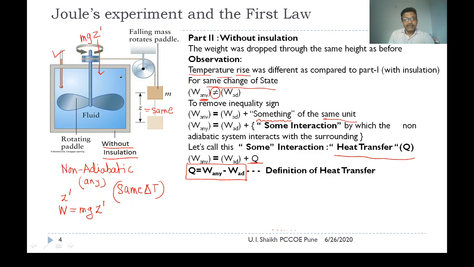Now let us develop this equation further. In part 1 we have learned that this W adiabatic is nothing but the negative of the change of energy.